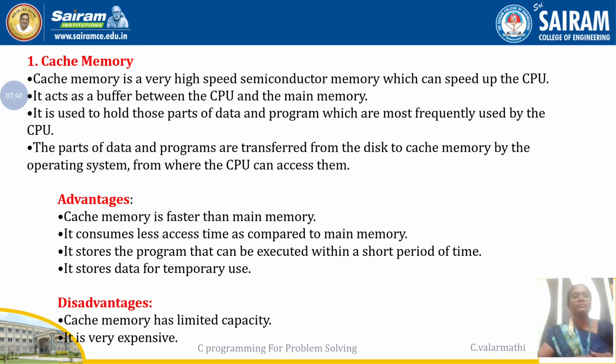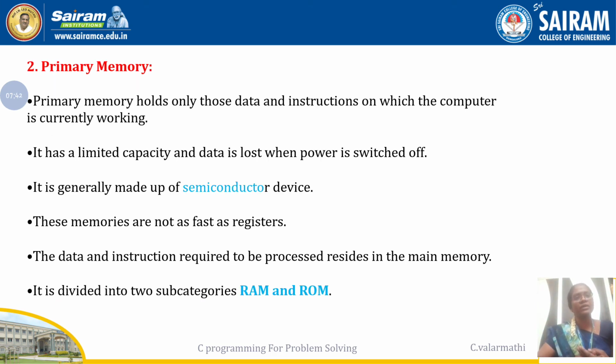Then primary memory. As the name itself suggests, it holds only those data and instructions on which the computer is currently working. If an application is running, the data required for executing that program or application, and the instructions required to execute it, are stored in the memory.